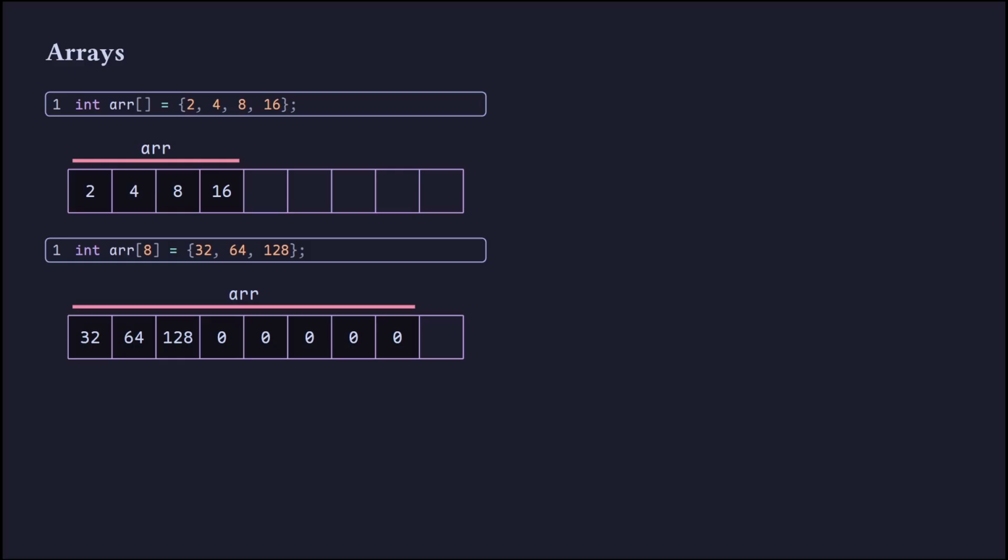In this case, we've allocated space for 8 cells. When we declare, using set notation, the contents of an array that is less than the length of the array, C will initialize all of the remaining values to some kind of sentinel value that makes sense for that type. In the case of numbers and things like that, it's mostly just 0. In the case of a Boolean, it would probably be false, because that's how it's represented as bits.